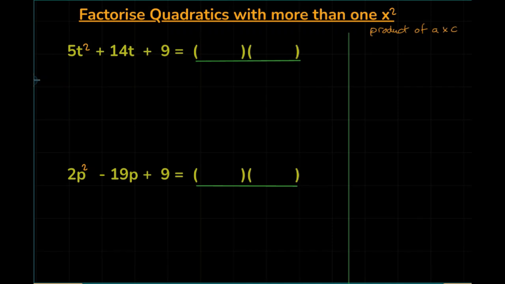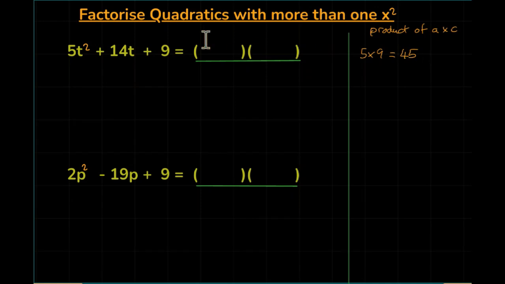Well, we need to look at the product of two numbers, and the products of the two numbers today are 5 and 9. So we look at 5 times 9, and what do they give? They give 45. So we're looking for two numbers in the brackets which will multiply to give 45.